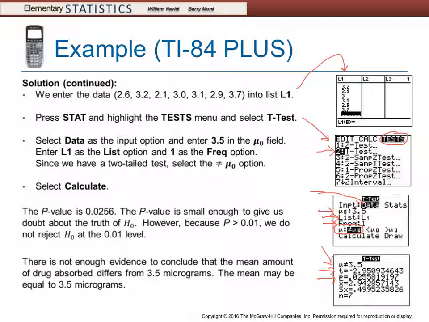So if we're trying to see how well this fits with a p-value of less than 1%, in this case we cannot reject H0 at the 1% significance level because our p-value is 0.0256. So in this case, there's not enough evidence to conclude that the mean amount of drug absorbed differs from 3.5 micrograms. The mean may be equal to 3.5 micrograms.